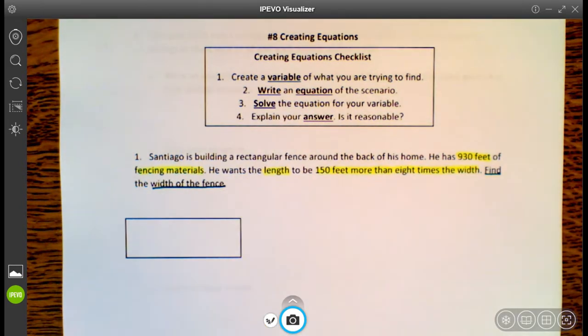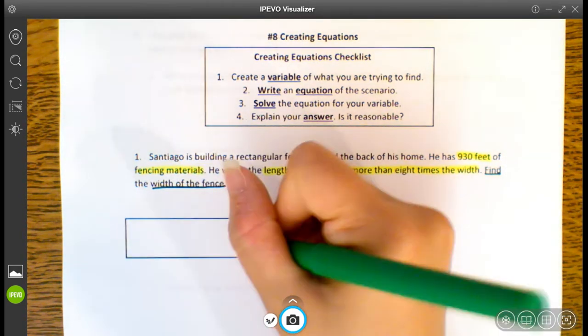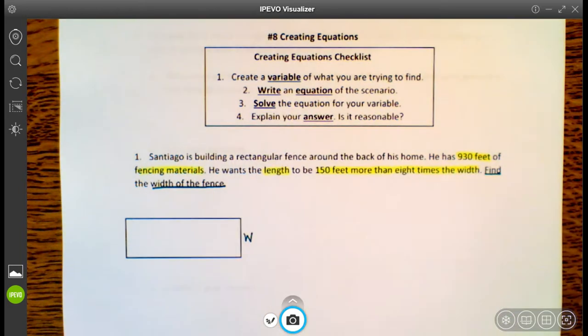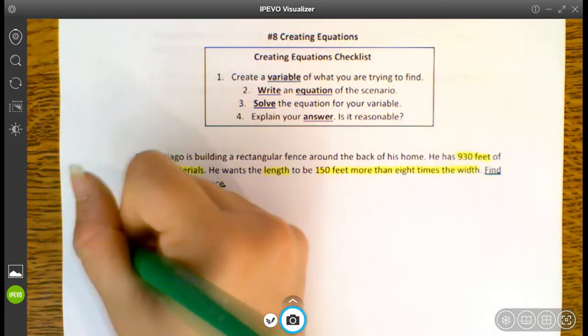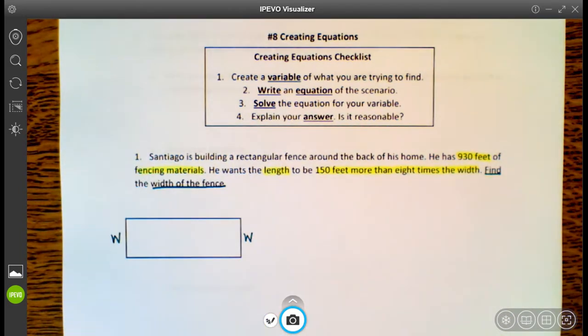Okie dokie. So first things first, what are we trying to find? Well, we are trying to find the width. In a rectangle, the width is always the shorter of the two sides, so let's call it W. And there are 2 widths in a rectangle. We also have a length.